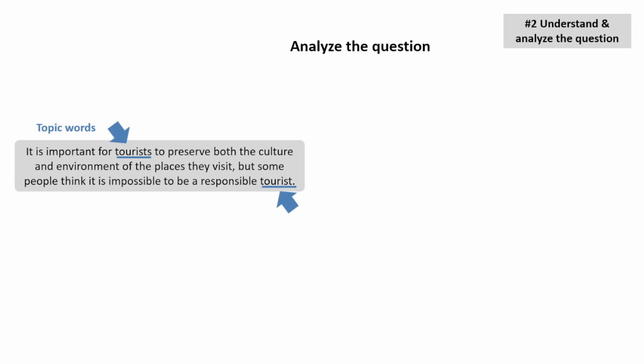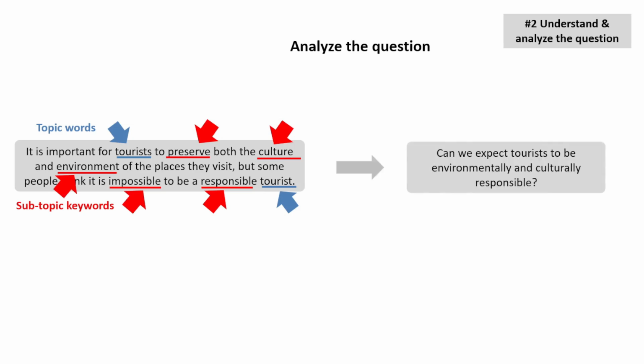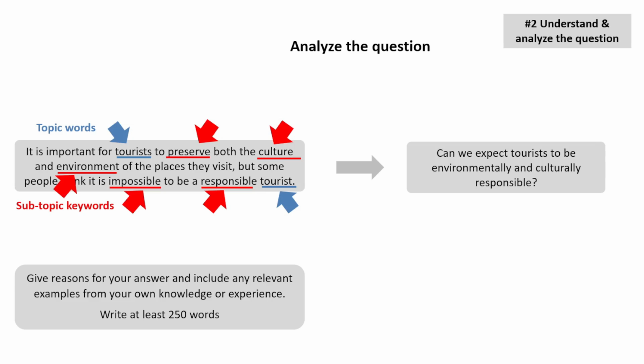Now then we also have subtopic words, and these are the words that tell you what aspect of tourism we're writing about. So we know that we're writing about culturally and environmentally responsible tourism. So we can say that that question basically asks us whether we can expect tourists to be environmentally and culturally responsible. We also have instruction words.